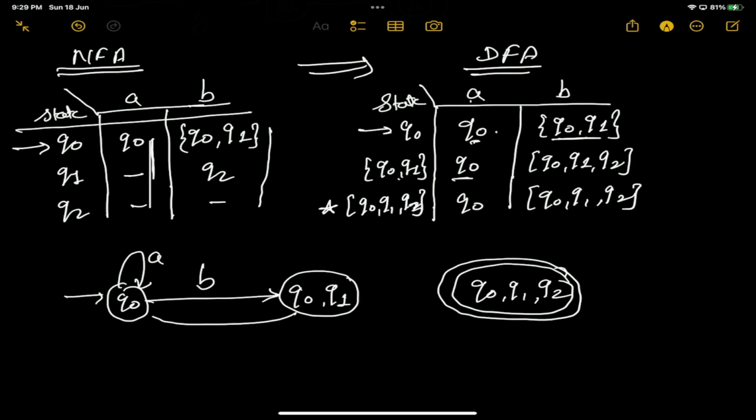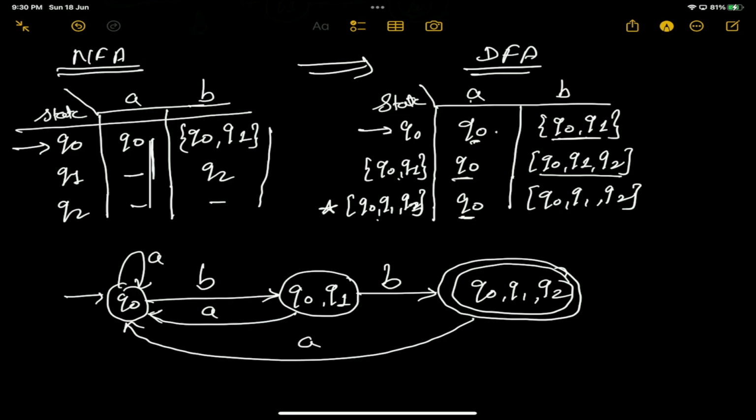Q0, Q1 with input B, it goes to Q0, Q1 and Q2. Now Q0, Q1 and Q2 with input A, it goes to Q0, and Q0, Q1, Q2 with input B, it goes to Q0, Q1 and Q2 itself.